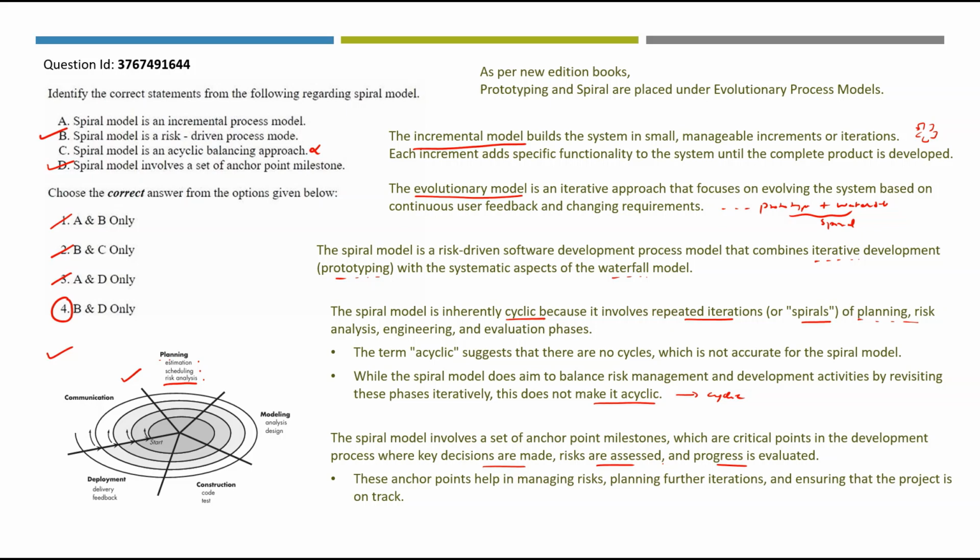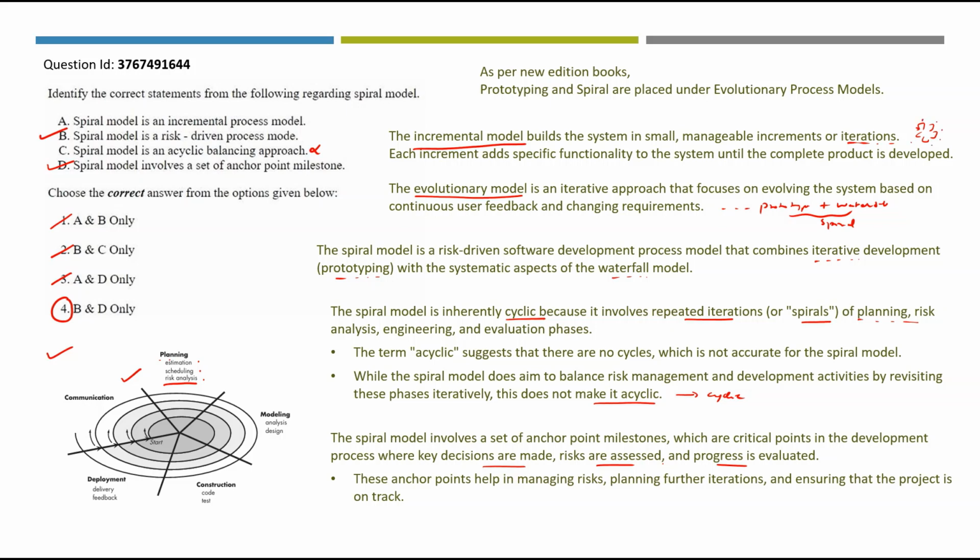But when you take AI generated answers or search engine answers, they may say it is also an incremental model. This incremental model has similar features with the evolutionary model in terms of iterations. They also form a cycle. But how the cycle is formed in these two models is different. Incremental model works module based. As I said in the example, there are 5 increments for this particular product.